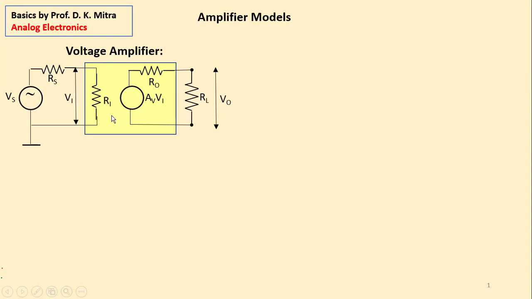Now, keep in mind very clearly, the purpose of this voltage amplifier is that its voltage output should be proportional to voltage input. This is the purpose. Here, this is the input Vi, which is falling into the circuit, but for you, the voltage input is Vs, the source.